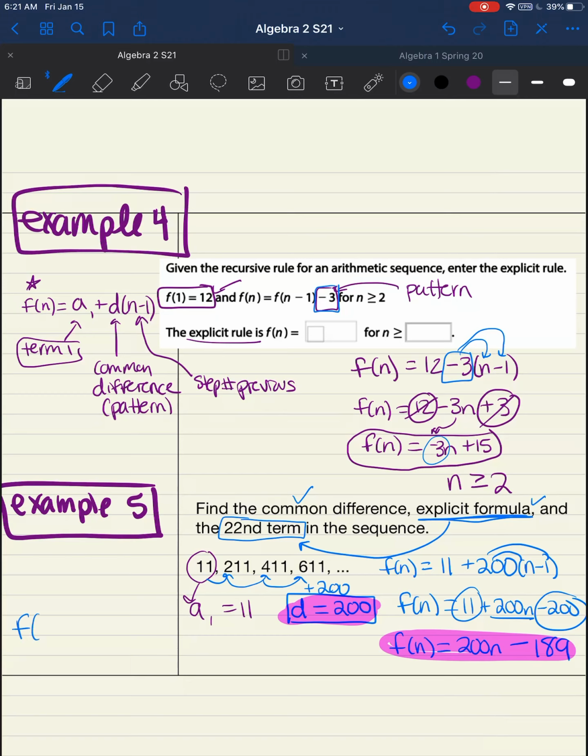So f of 22 equals 200 times 22, we're plugging in 22, minus 189. So we're going to calculate that real quick.